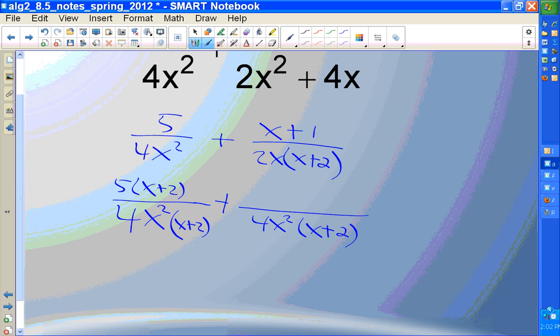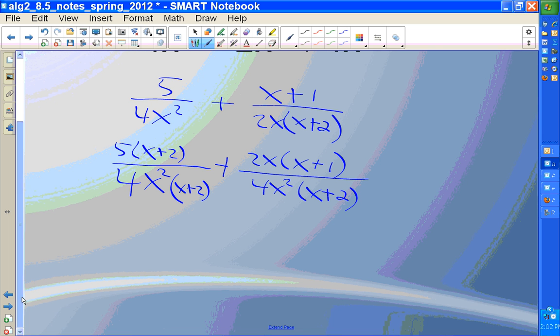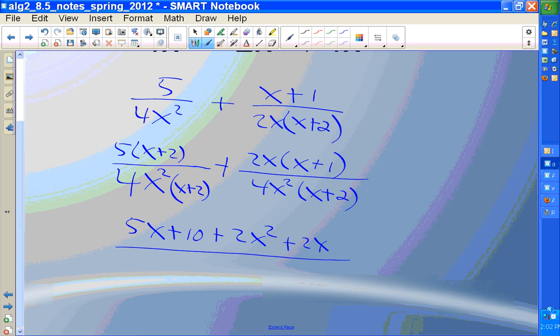The one on the right, 2x. Does everybody follow that? So now when you combine them, you have 5x plus 10 plus 2x squared plus 2x all over your LCD.